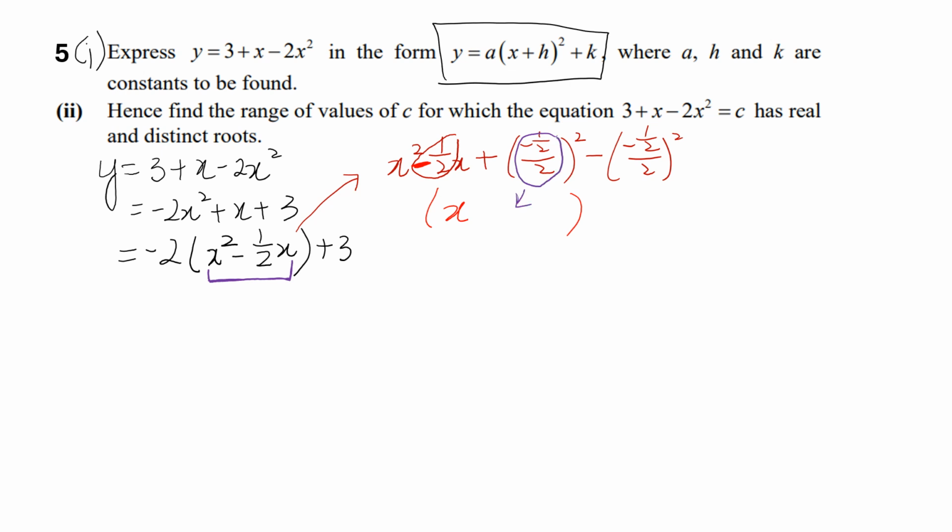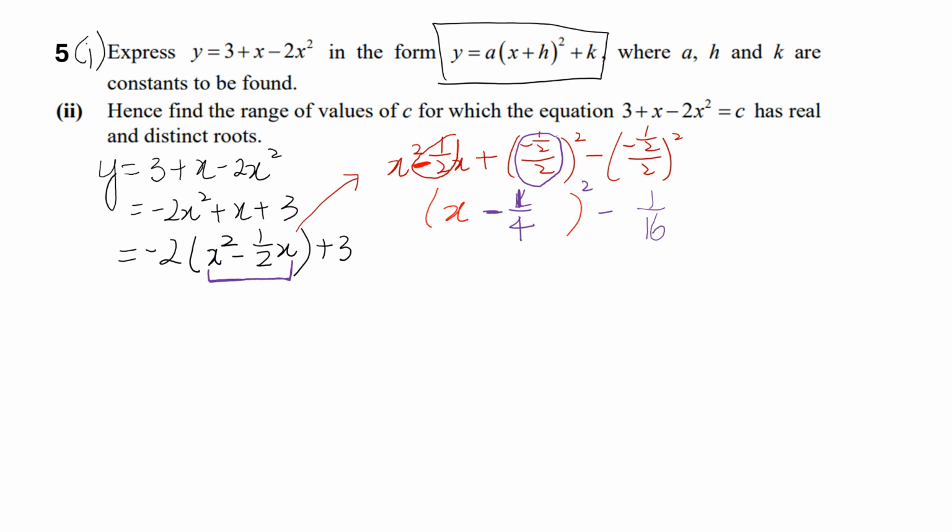So negative half divided by 2 is negative 1/4, squared. Then minus again, negative half divided by 2 is negative 1/4. You need to square it, so that gives you 1/16. Okay, so this is one way of doing it.